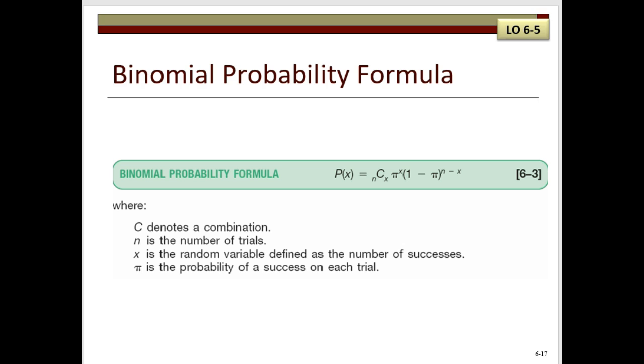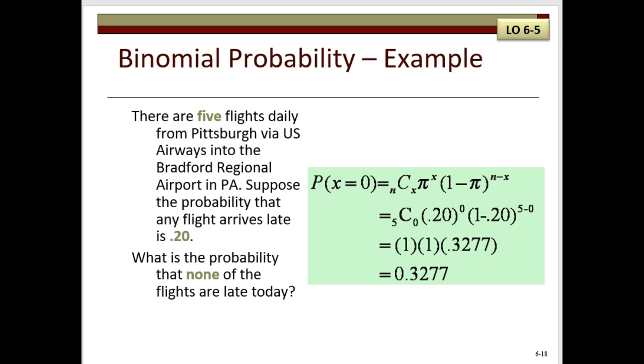The second component is the probability of success represented by pi raised to the power x. The third and final component is the probability of failure, which is 1 minus pi raised to the power n minus x. We illustrate the binomial situation and compute probabilities for the sample problem presented on this slide.